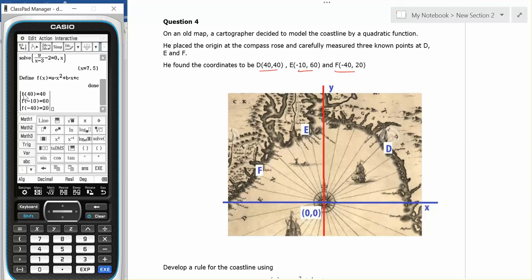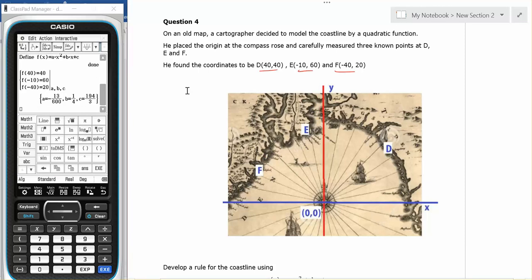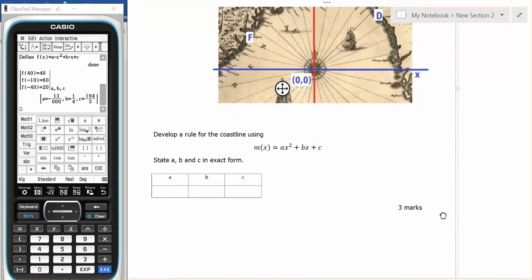And then you go so on for A, B, C. Okay, and we don't want decimals because the purpose of doing this is so you can get exact answers. Great. I've got all my coordinates. So my A is negative 13 on 600, B is a quarter, C is 194 on 3.